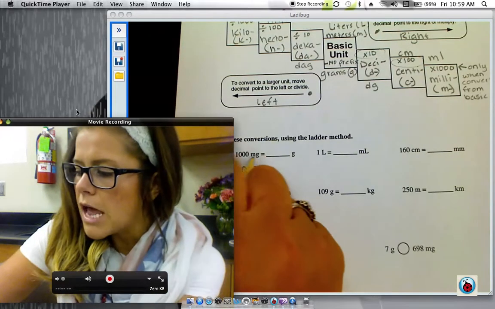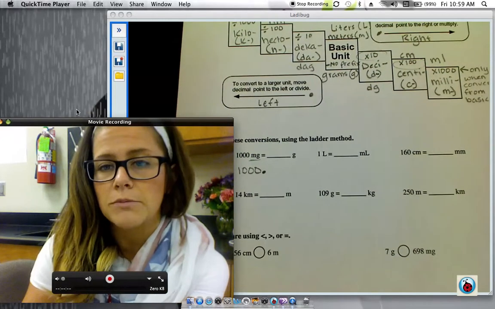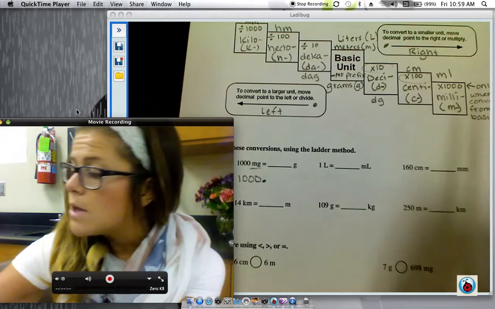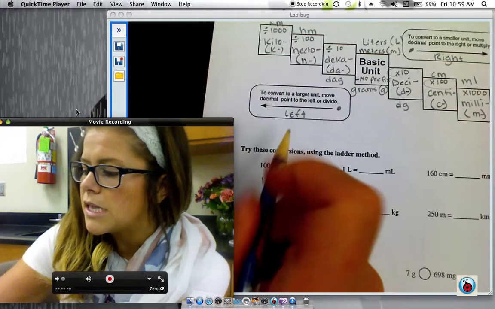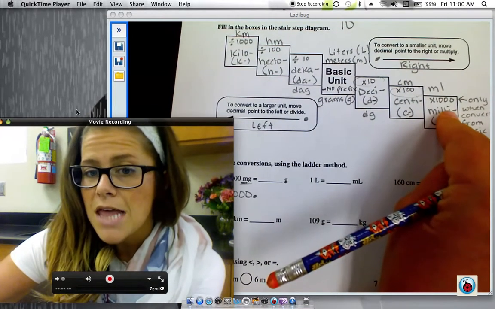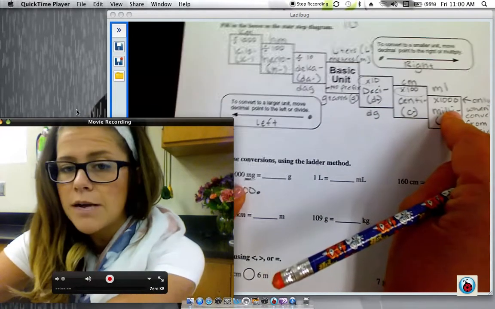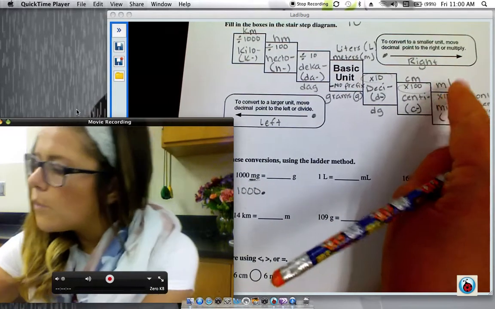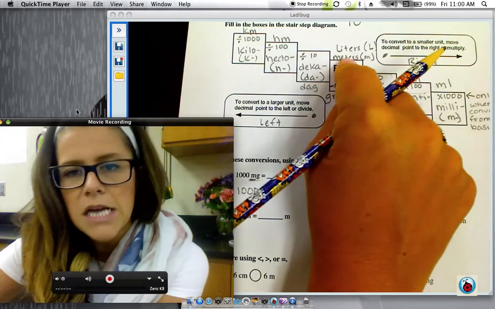So then we look at our unit. We have milligrams. If we look at our ladder, we find where milligrams might be. Milligrams would be here because milli, that M, is our prefix. And they want us to go from milligrams to grams. To do that, we have to go 1, 2, 3 spaces up.